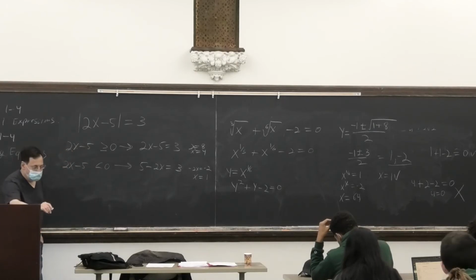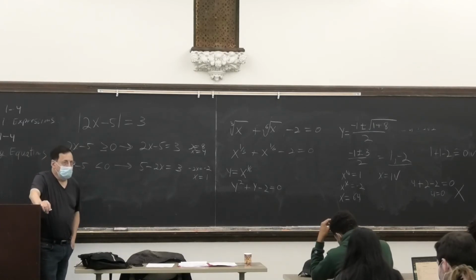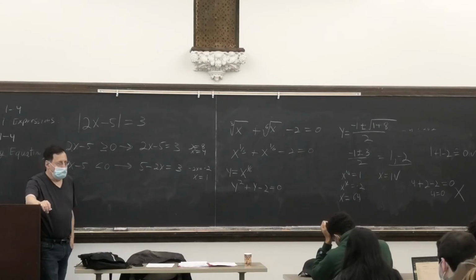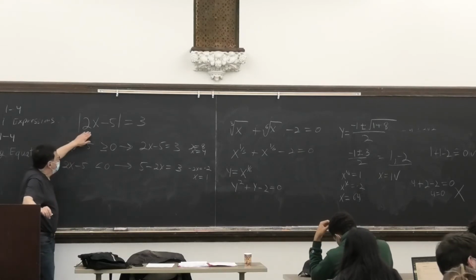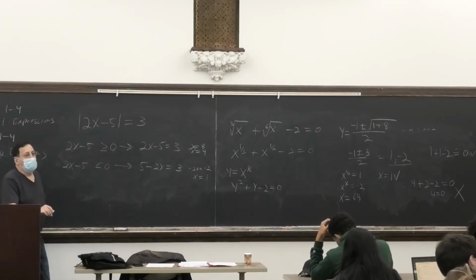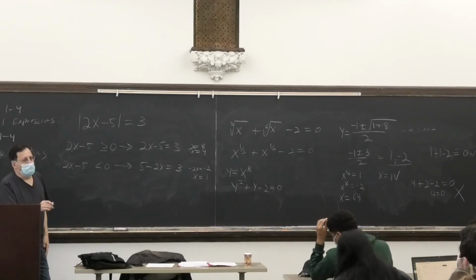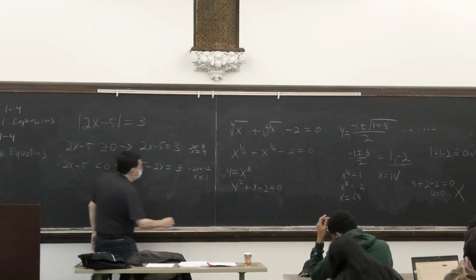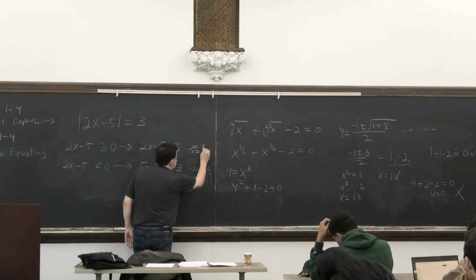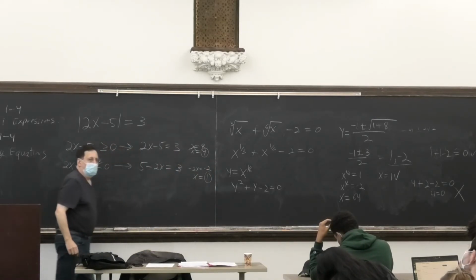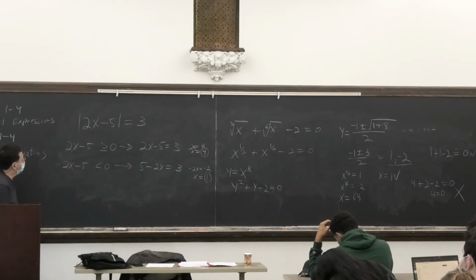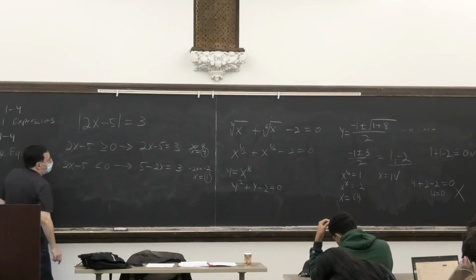Now, as with equations with radicals, equations with absolute values can produce phantom roots. That is, we've got two roots here, but they may not work, and we have to check. So let's try that.